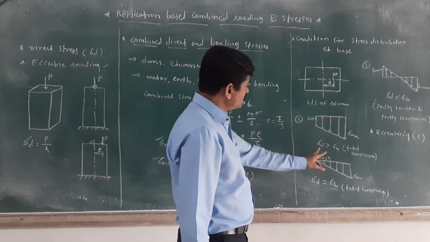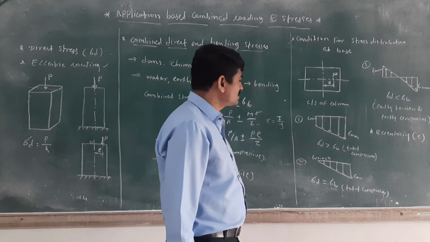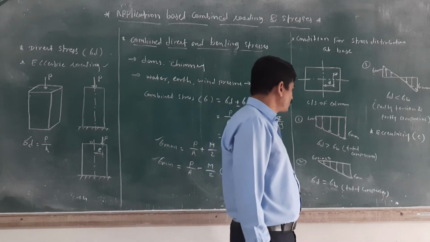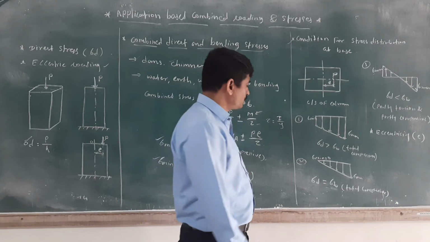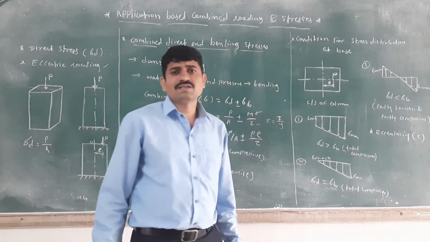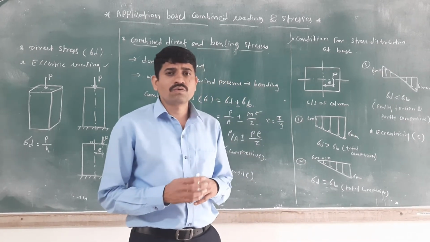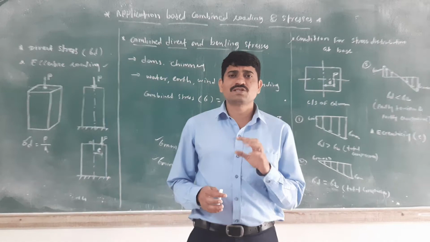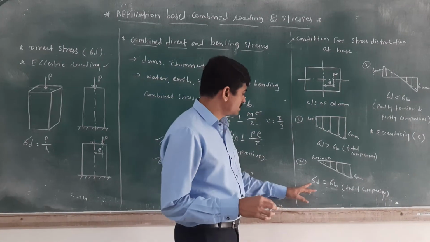If sigma D, the direct stress, is greater than the bending stress, then we get the stress distribution as totally compressive. Then second condition, if the direct stress is equal to the bending stress, then you will get the minimum stress as 0.